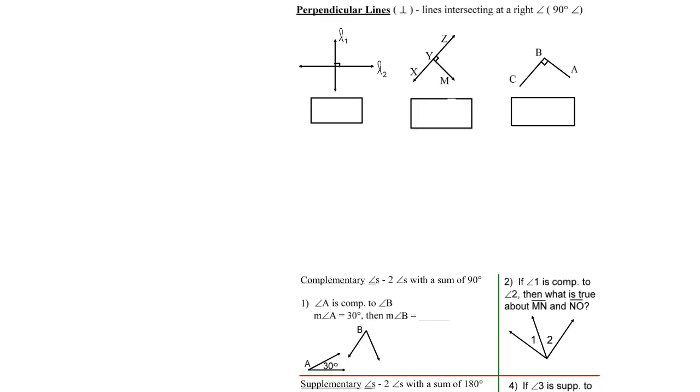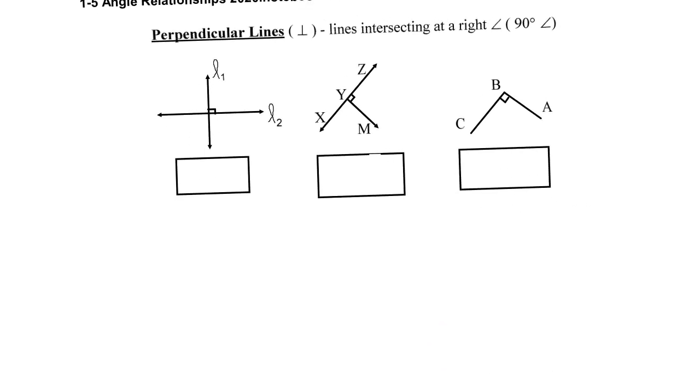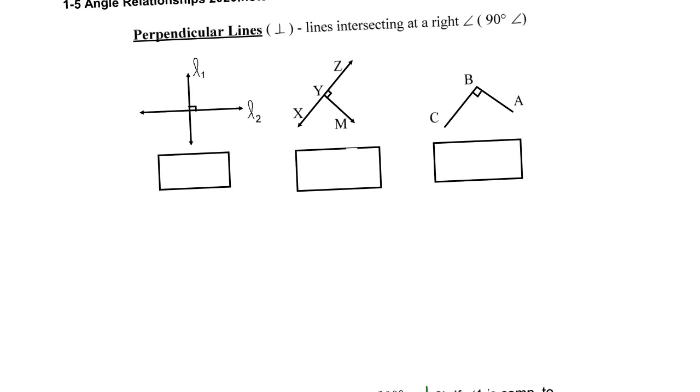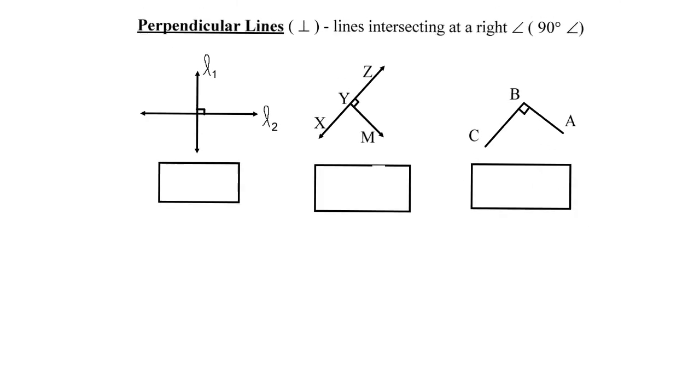Okay, next page, perpendicular lines. In class we talked about parallel lines and perpendicular lines before. By definition, perpendicular lines intersect at a right angle. Again, 90 degrees indicates the two lines are perpendicular. In this case, you see the symbol.